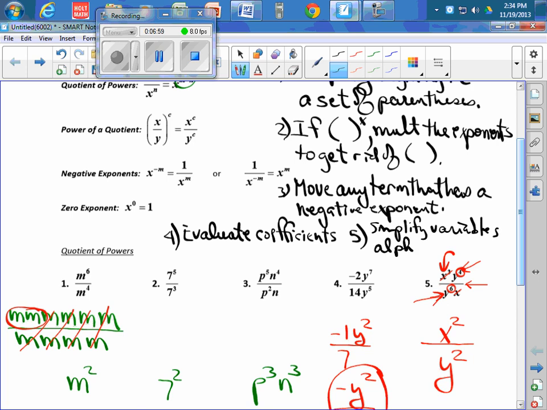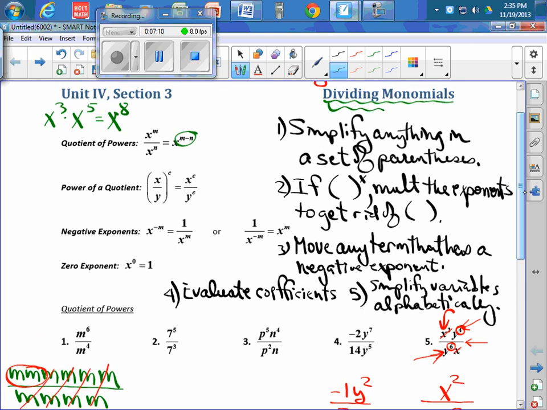And the proper way to do this would be alphabetically, but I'm not going to be that picky. If you were to follow these 5 steps on any one of these problems, I guarantee you'll come up with the right answer.